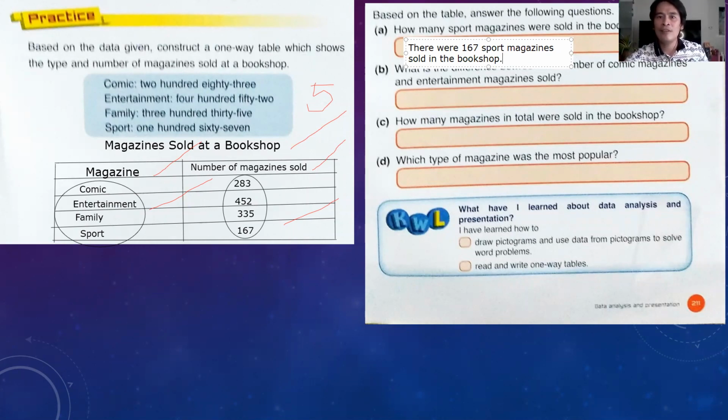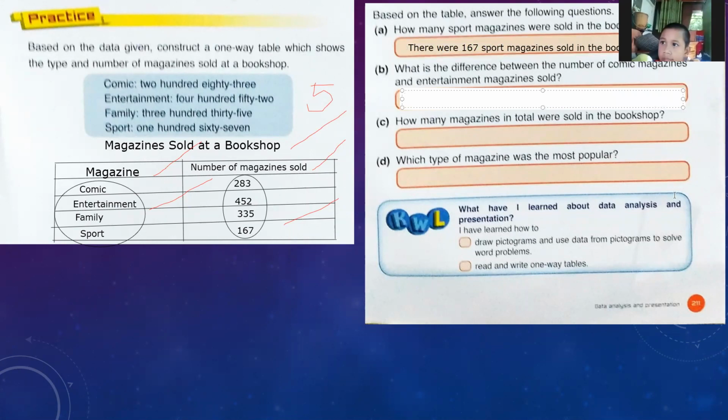Next, who wants to answer letter B? I will read the question. Chayanti will answer letter B. What is the difference between the number of comic magazines and entertainment magazines sold? Look at the entertainment and comic.